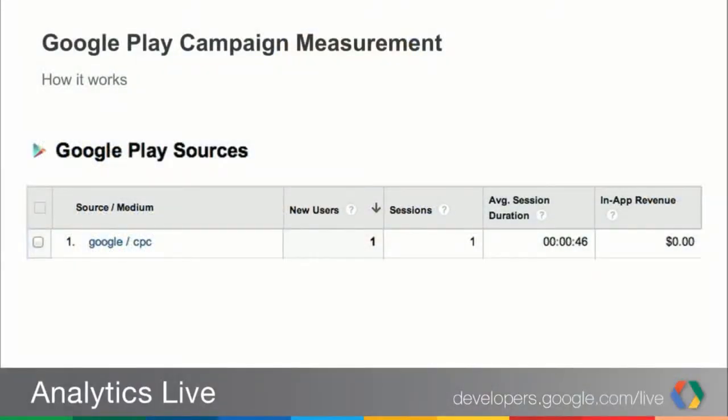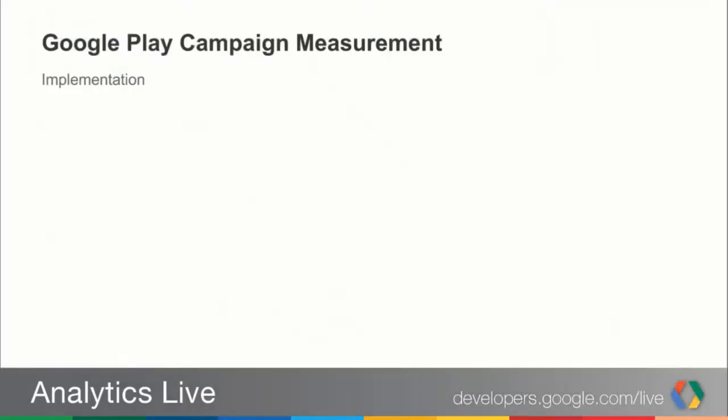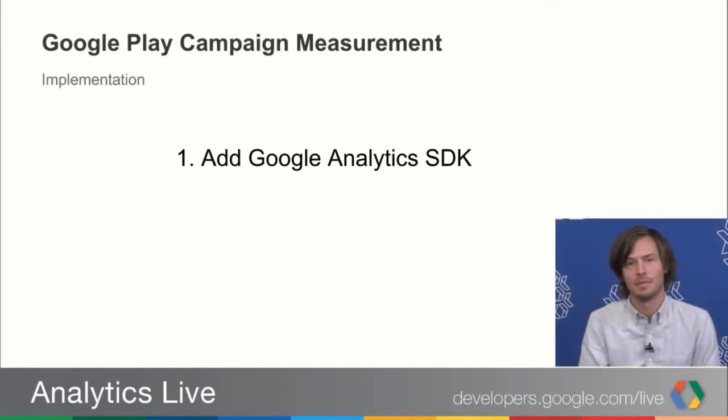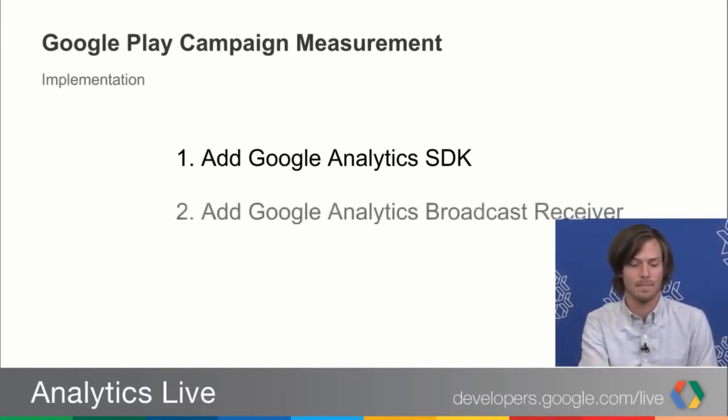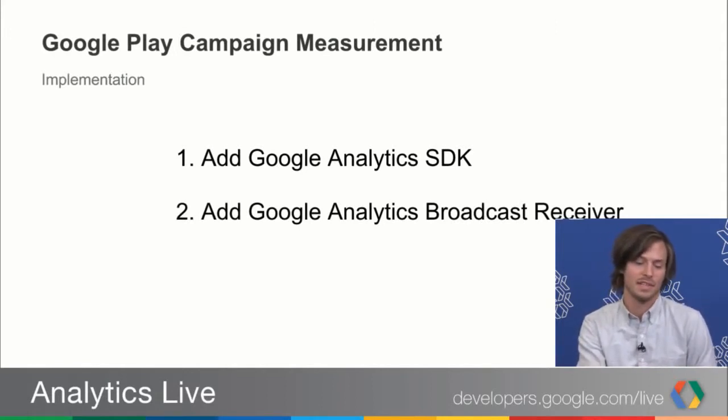You'll see in your Google Play sources, this is just a look, something that looks like this, where you have the source and medium, and you have new user sessions, duration, all the metrics and dimensions you want to use will be available there. So really quick, there are basically 4 steps to doing an implementation on this, and it's pretty straightforward. First, obviously, you need to add the Analytics SDK to your project.